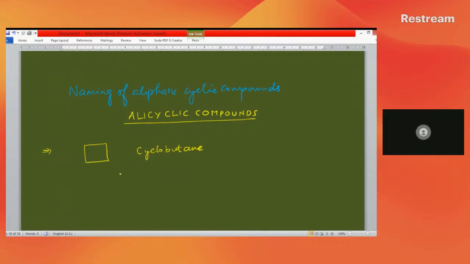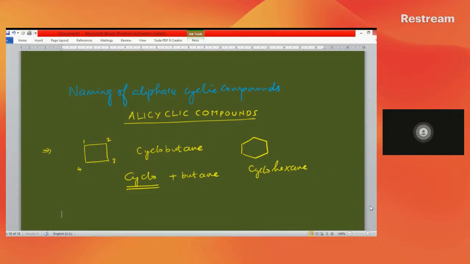Simply, the root word for 4 carbons is butane, and in the prefix we add cyclo. So it becomes cyclobutane. Normally, this is the other one. We can call it cyclohexane.